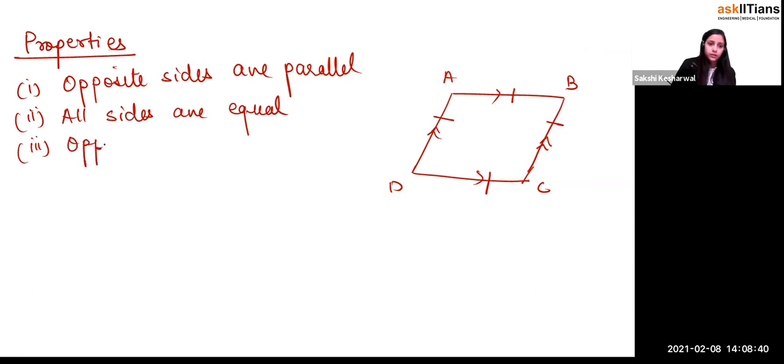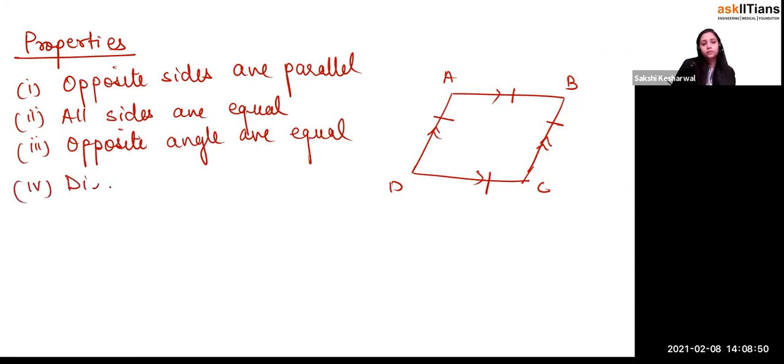Third, opposite angles are equal. Here all angles are not equal, but opposite angles are equal. Fourth, diagonals are not equal.